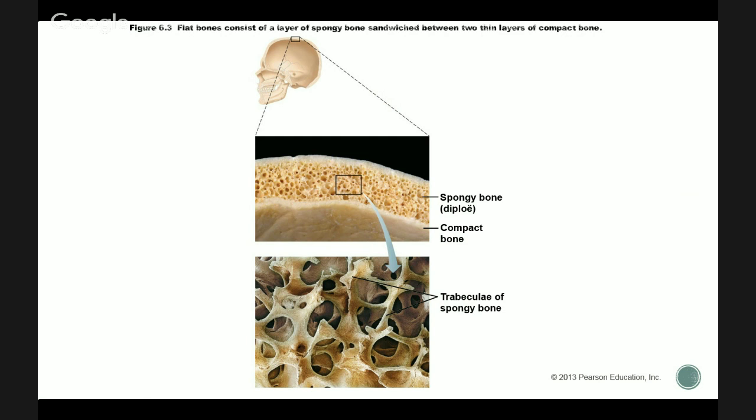This is what we would call interstitial bone growth, from within outward. If you look at the bone of the skull, which is a flat bone, you're going to see a layer of spongy bone sandwiched between two layers of compact bone.